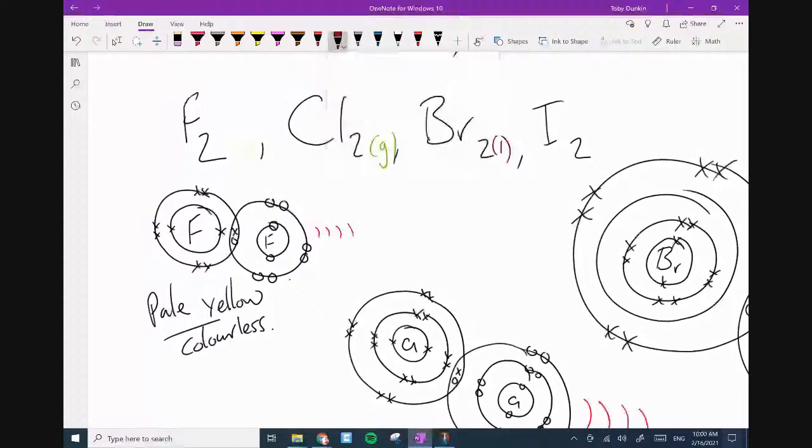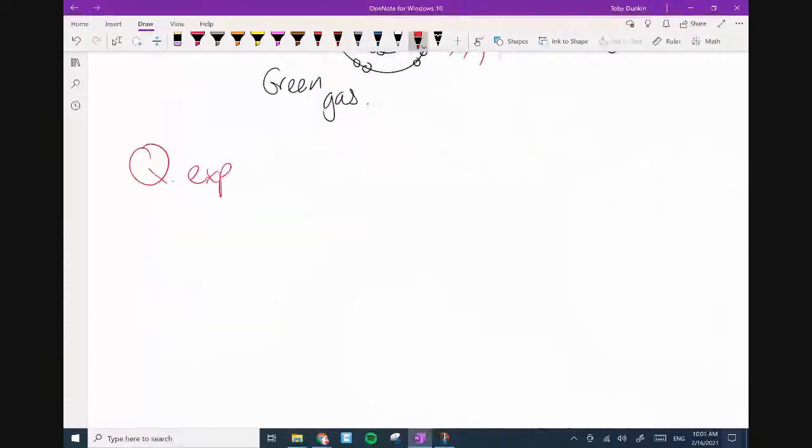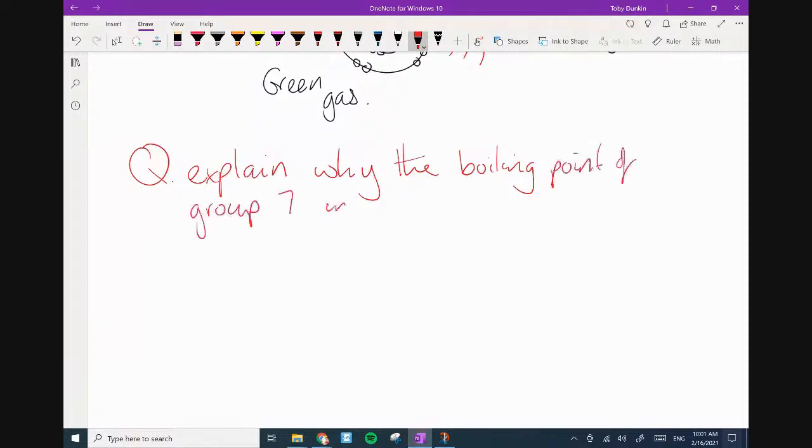So the boiling points are increasing simply due to, and they'll ask this, here's the exam question. Explain why the boiling point of group 7 increases down the group.